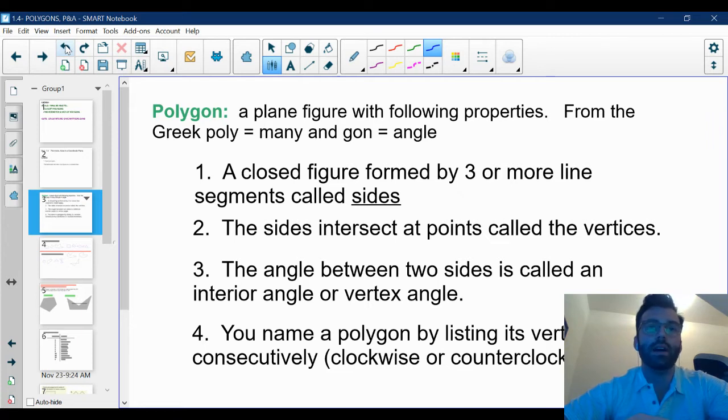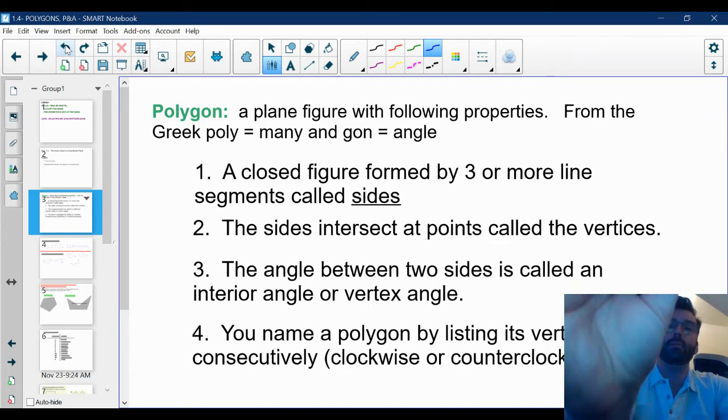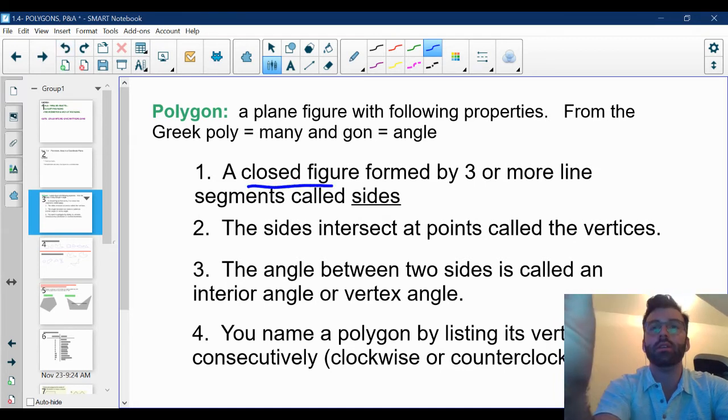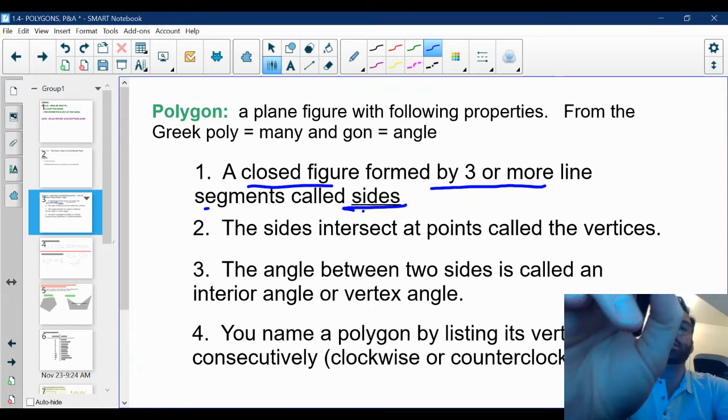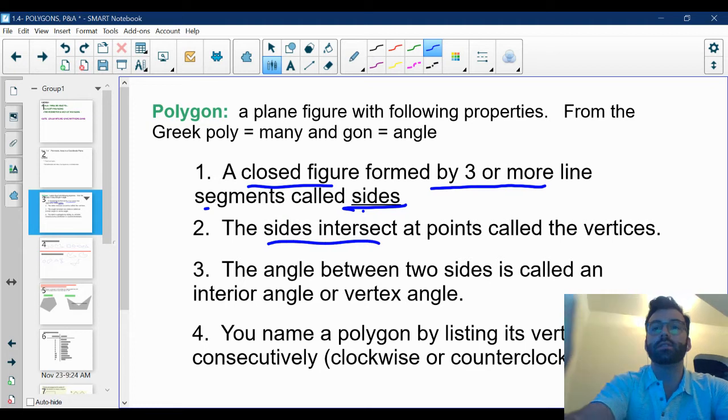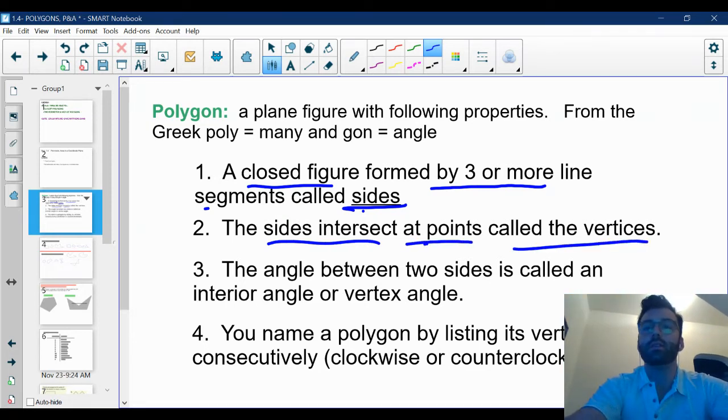Some things I would write down. So what is a polygon? Closed figure, 3 or more sides. Maybe that's something you could write down. Sides intersect at points called vertices. Obviously, use shorthand; maybe for points, you write PTS.